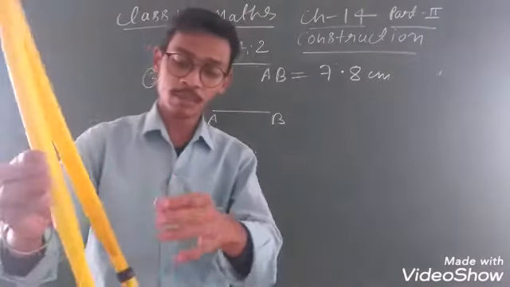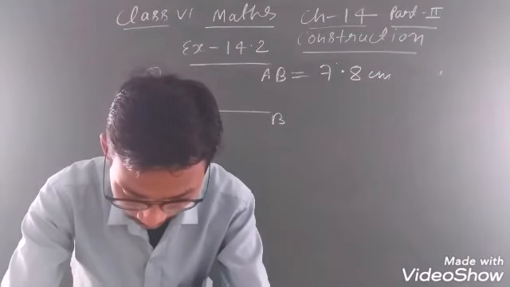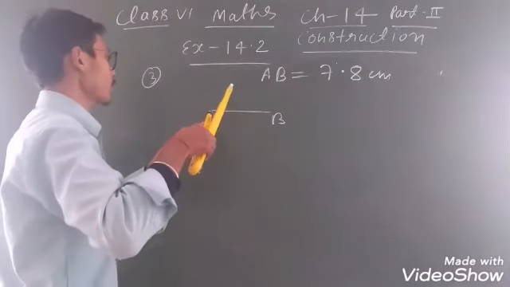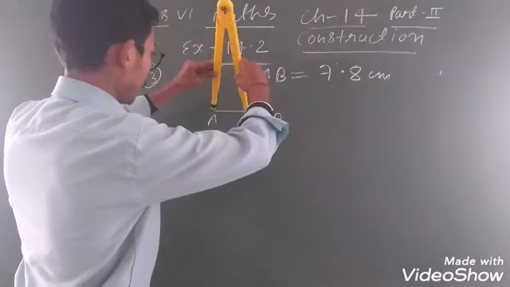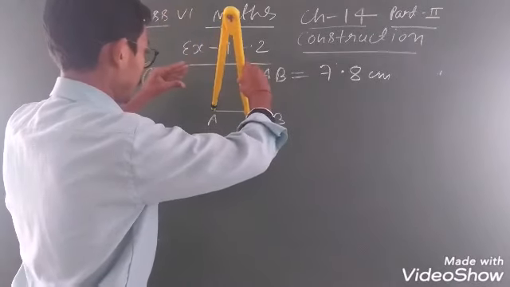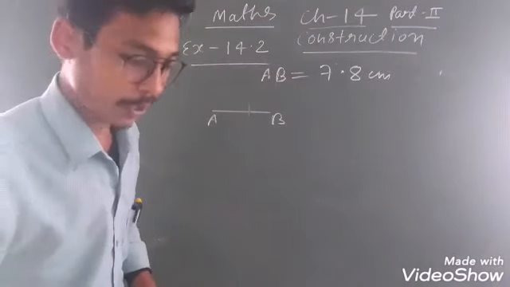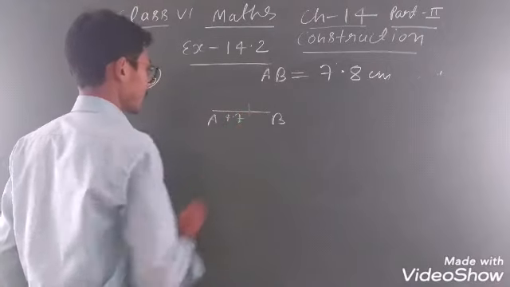Everyone stretch your compass till 4.7. Okay? Here I stretch the compass till 4.7. Look, this is our 4.7. Okay, students? So here you will write down 4.7.